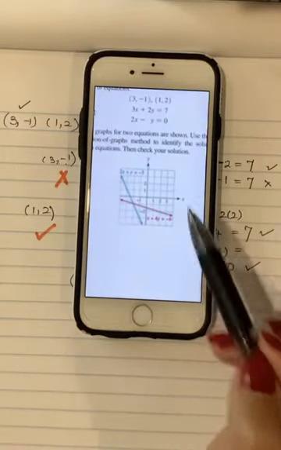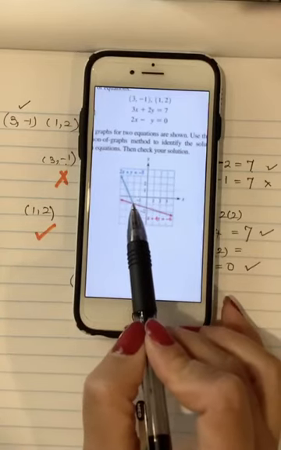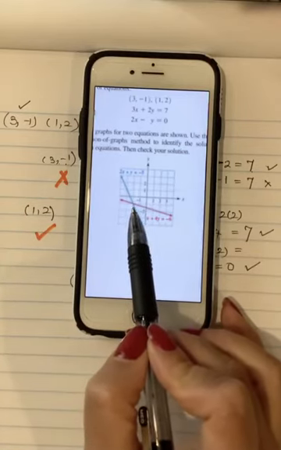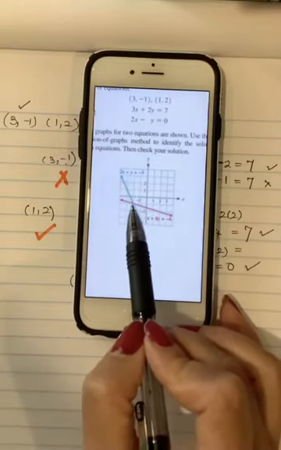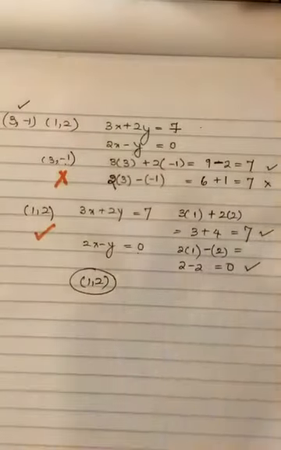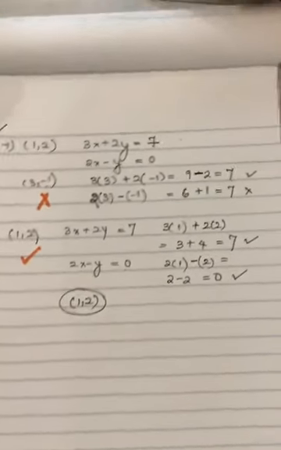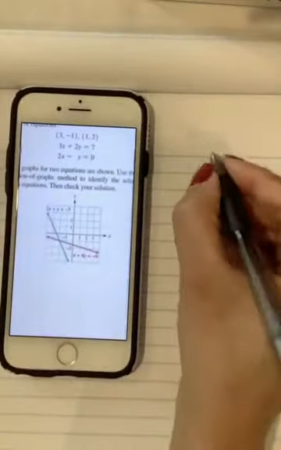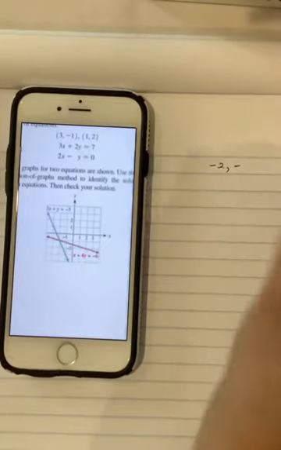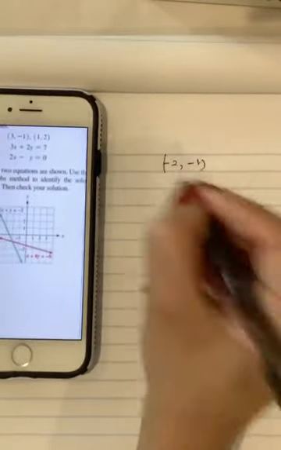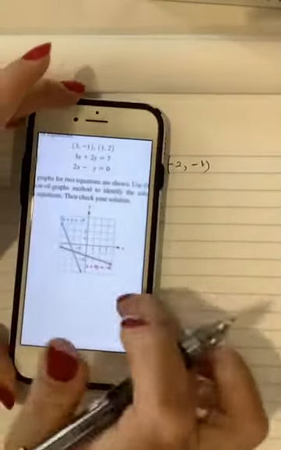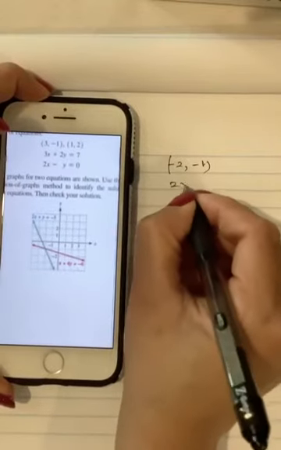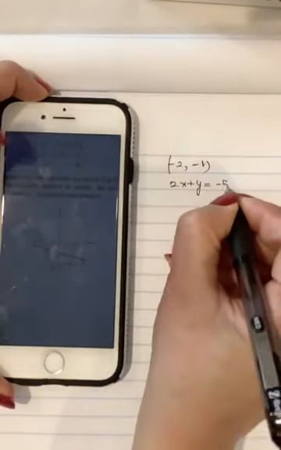So basically, if you're looking at this graph, we can see that the point of intersection is over here, which is (-2, -1). Okay, so the point of intersection is (-2, -1). And of the two equations, the blue line is 2x plus y equals -5.